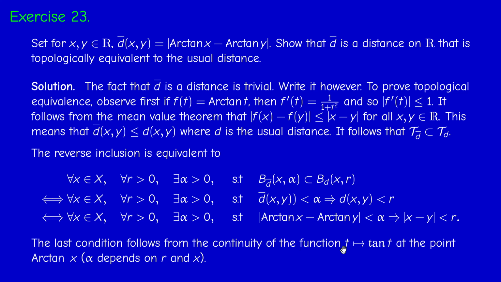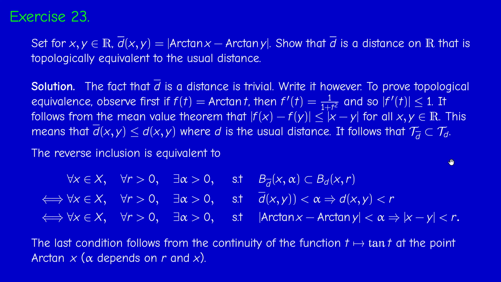So if you write the condition of continuity of tangent at the point, for example, call it t0, so take t0 equal to arctangent x, we find a number alpha such that absolute value of t minus t0 less than alpha implies tangent t minus tangent t0 less than r, or epsilon. And so now replace t by arctangent y and t0 by arctangent x, you get precisely this, because tangent of arctangent is the argument itself.